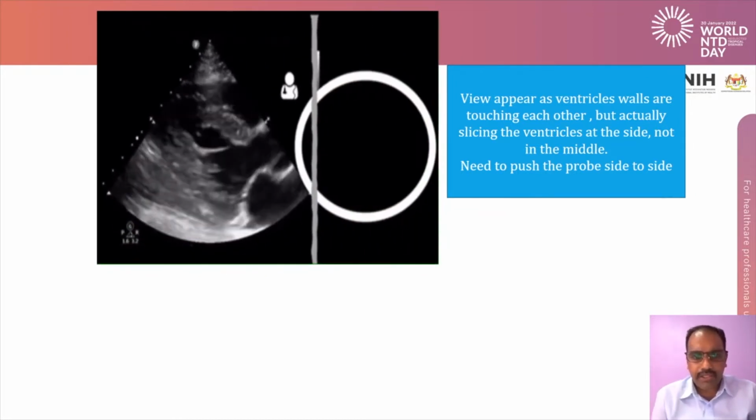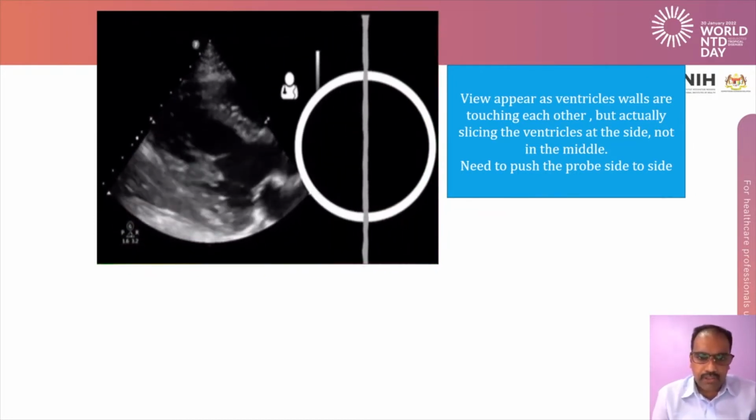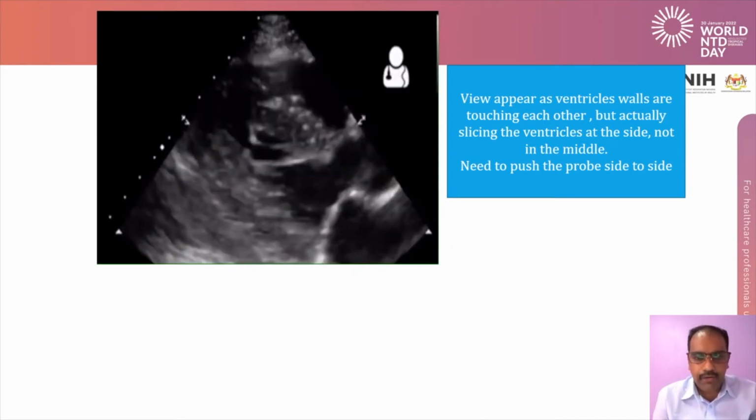What is happening is the clinician has not placed the probe at the middle of the LV, but is scanning at the end, at the side of the LV. So the lumen becomes smaller, the diameter becomes smaller, and it appears as if it is kissing.